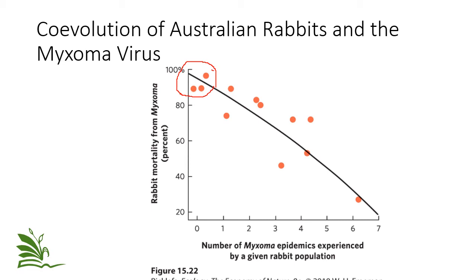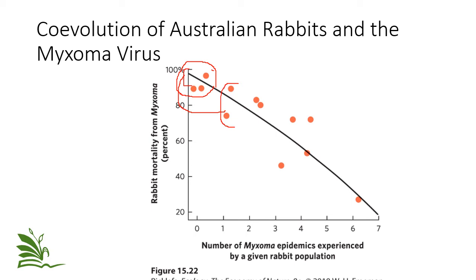And those individuals that did survive the experience will reproduce and survive, and then the next time they are exposed to myxoma, their tendency to die is less.